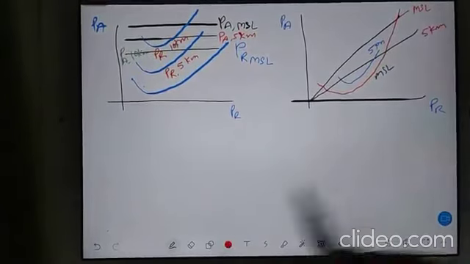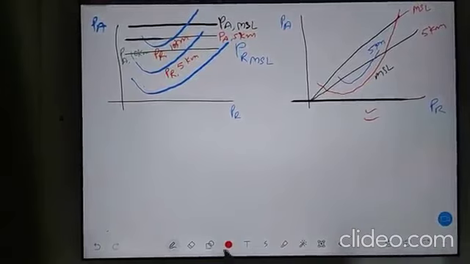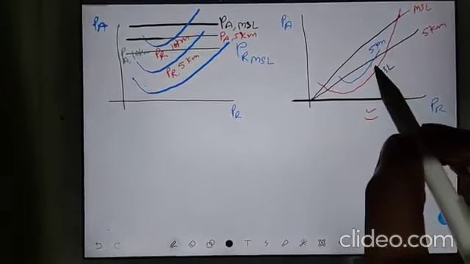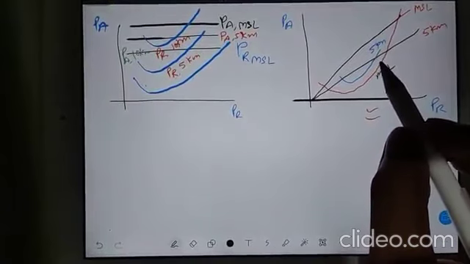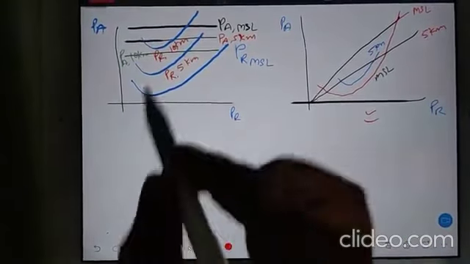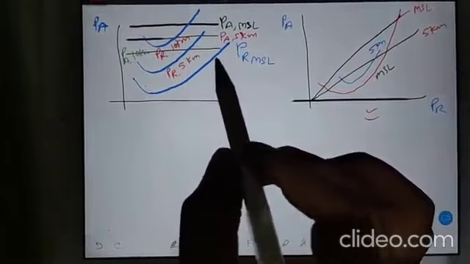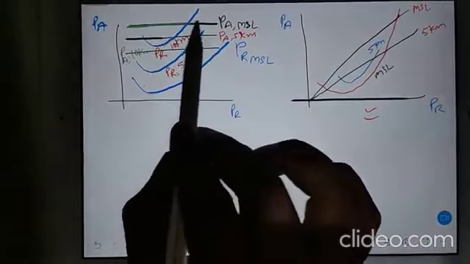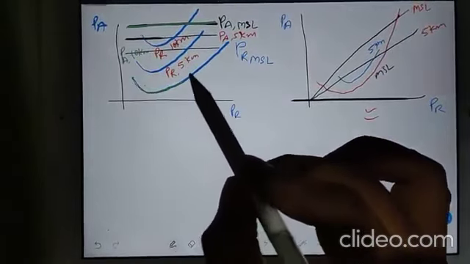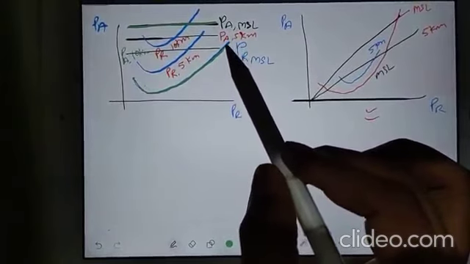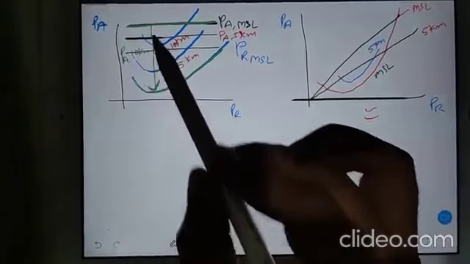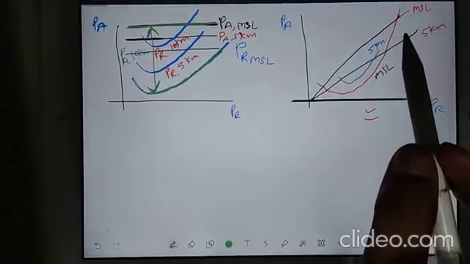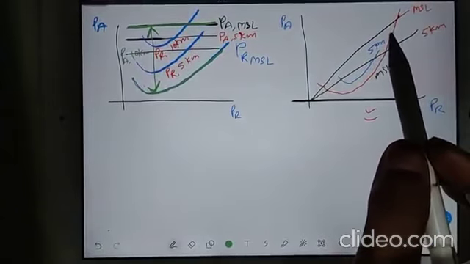So this gives you an idea that when you go up in altitude, your excess power is decreasing. In both the diagrams, compare where your mean sea level is. This line is your mean sea level and this line is your mean sea level. If you compare, you have this much excess power, so you have more excess power.